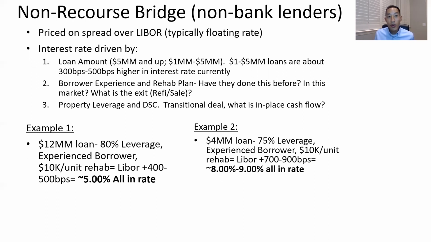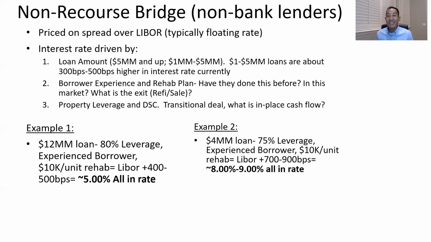Example two is a $4 million loan, 75% leverage, experienced borrower, similar rehab, but because of the size, there's just not as much competition, right? So in example one, there might be 10 banks bidding against each other, right? And so that bids down the price. But then on the smaller $4 million loan, there might only be 1 or 2 banks bidding on that deal.